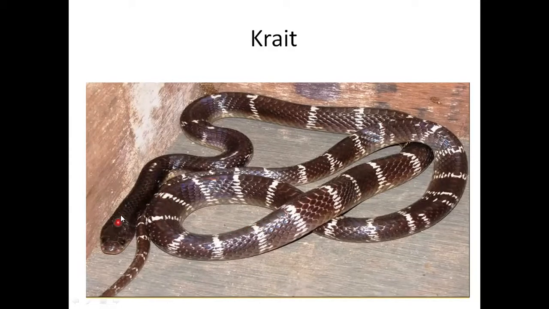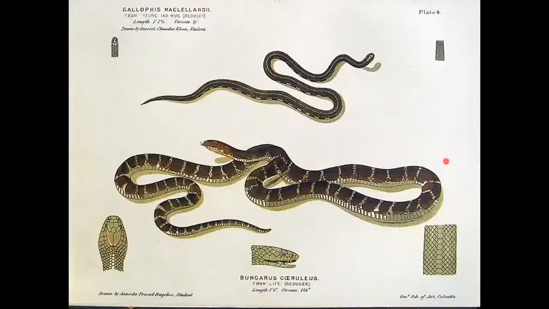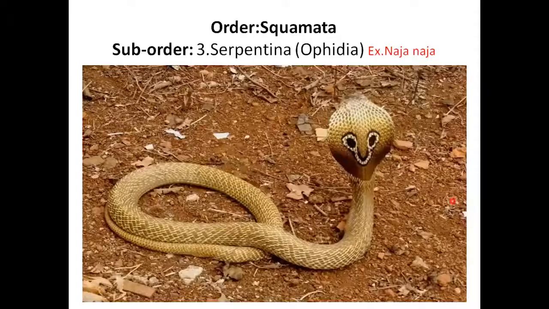They are present from this region, and the entire uppermost dorsal surface has enlarged hexagonal scales. Then next, this is also the same animal, krait or bungarus.